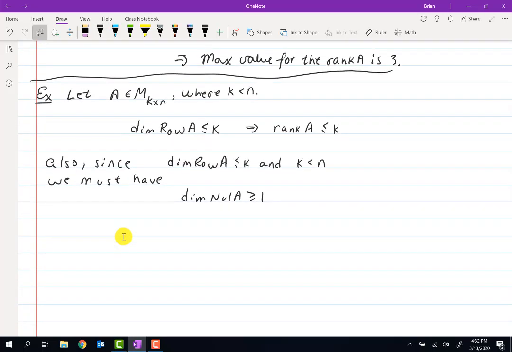We have the rank of A plus dim null A, which together have got to add up to n. But the rank is less than or equal to k.